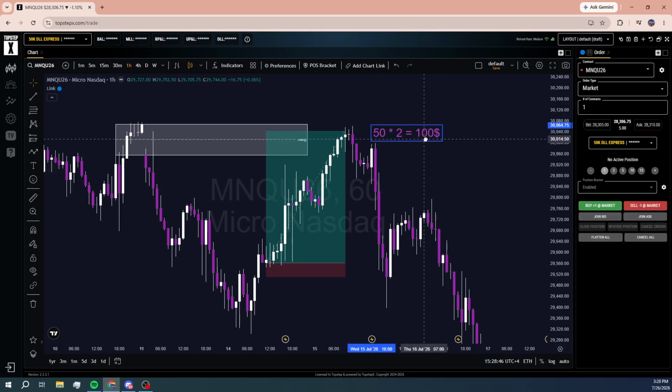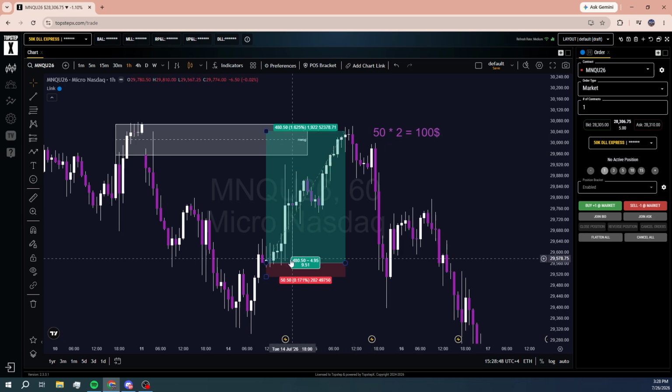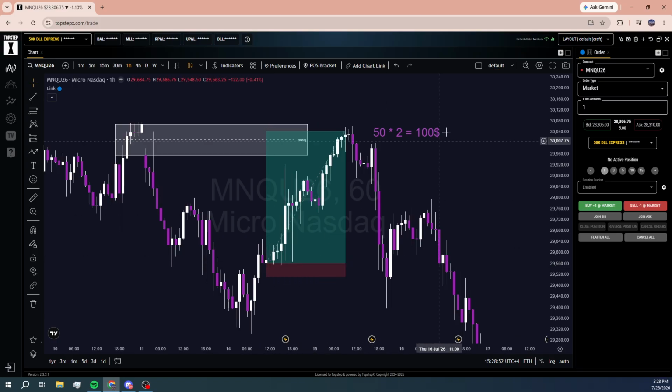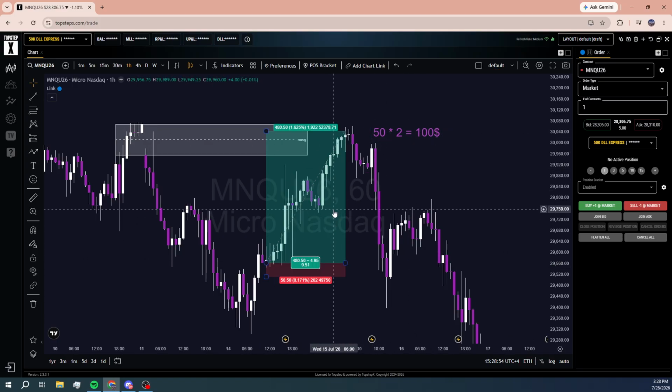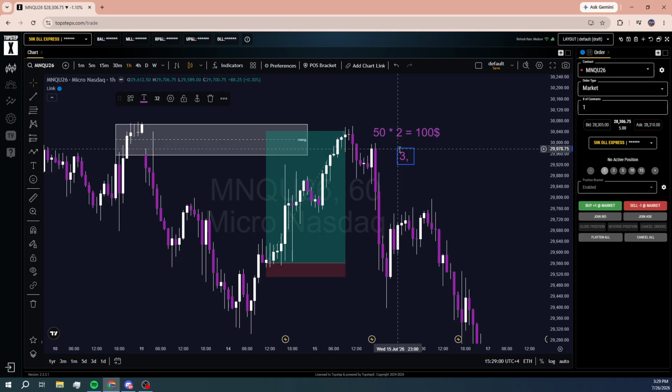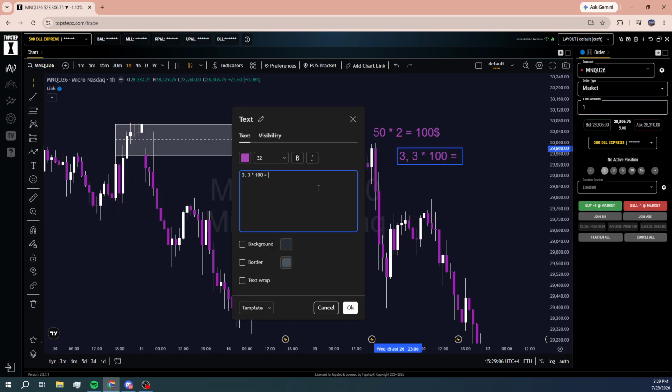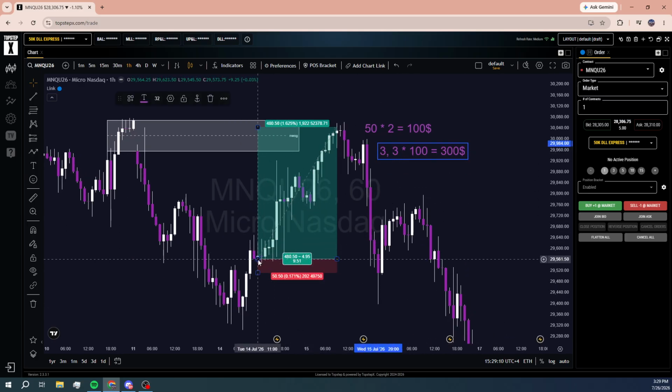What does $100 mean? It means that if I enter with one contract here, I would risk $100. Then if I wanted to risk $300, I will enter with 3 contracts, because 3 times 100 is $300.